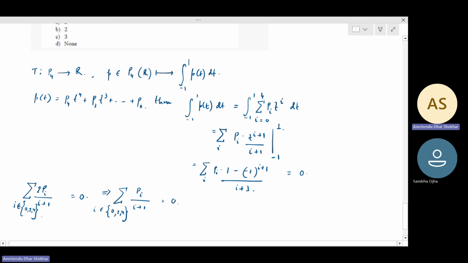Now, here we can compute this. This is easy to do.